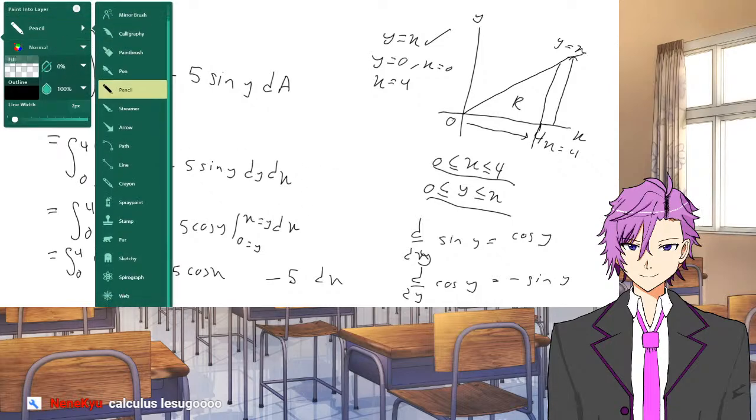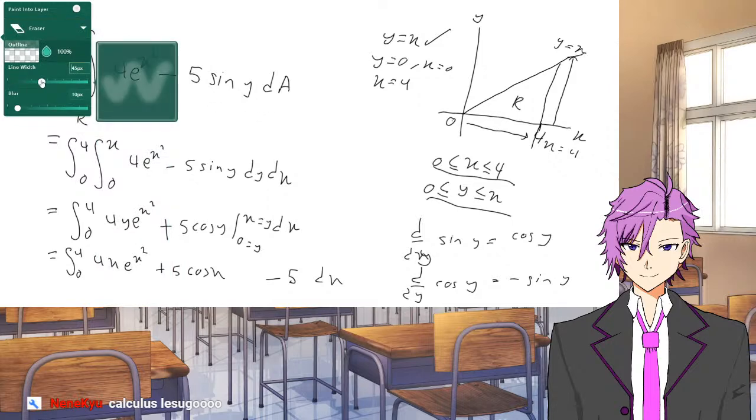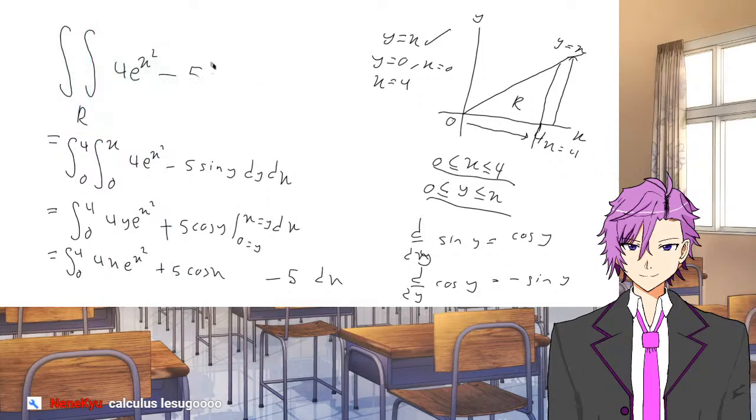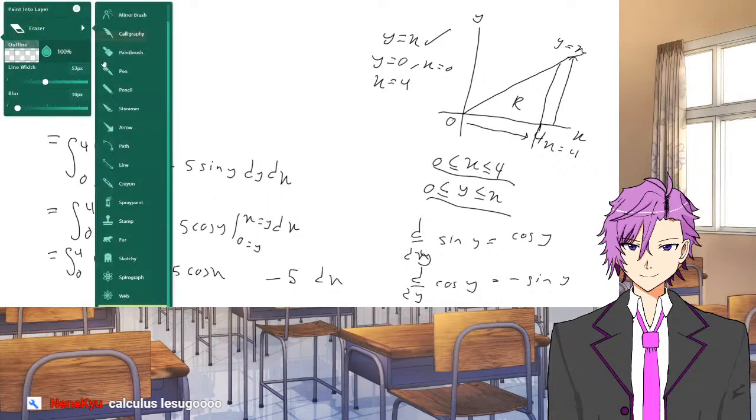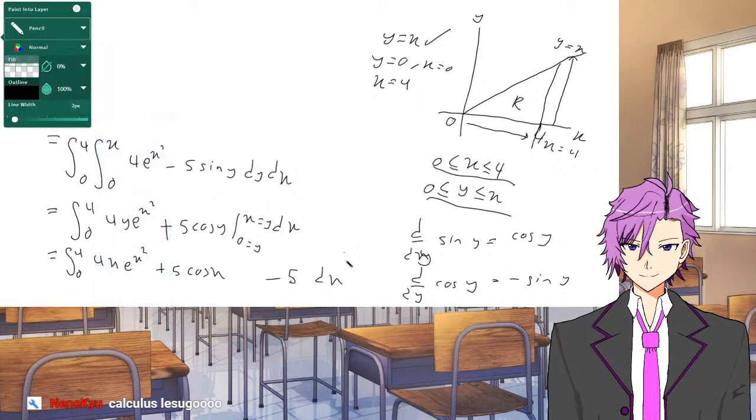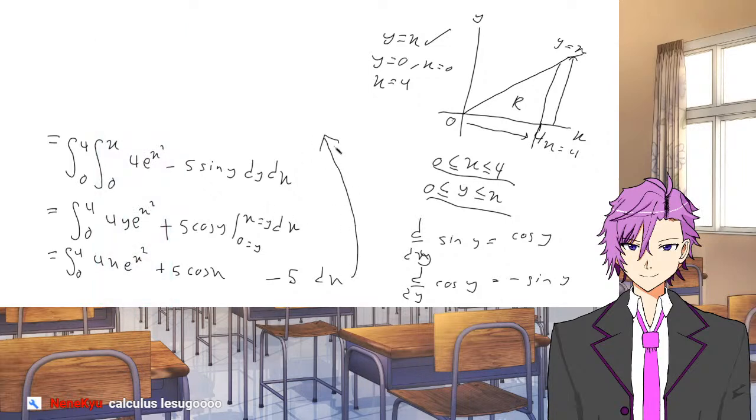So now if we try to integrate one more time. Hold on. Now we'll start to integrate 4x e to the power of x squared.